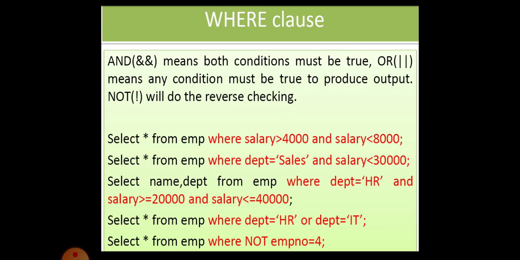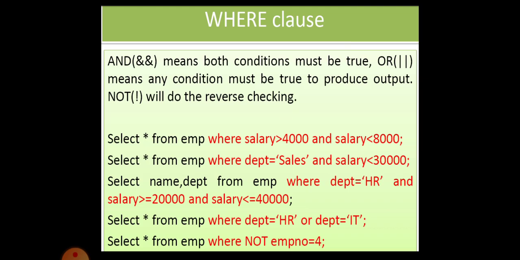Look at the first example. Select star from employee where salary greater than 4,000 and salary greater than 8,000. Sorry, lesser than 8,000. Here we are checking a range. The employees who are getting the salary greater than 4,000 and lesser than 8,000. So it will start searching from what? 4,000 to 8,000 exclusive, that is from 4,001 till 7,999.